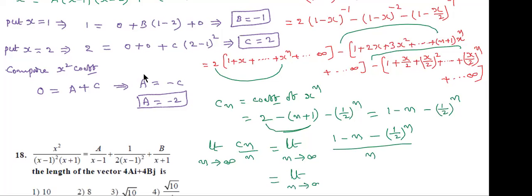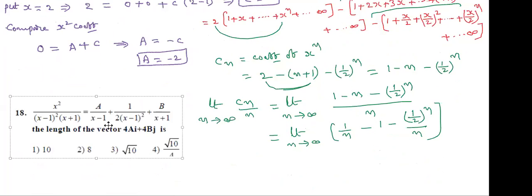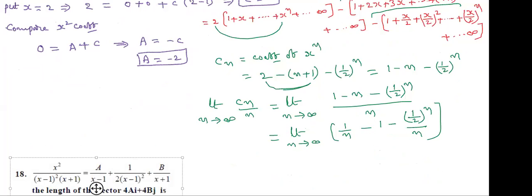N tends to infinite. We get 1 by n minus 1 minus (1 by 2) whole power n divided by n. N tends to infinite means 1 by n tends to 0. Okay, so this value is going to 0 completely.